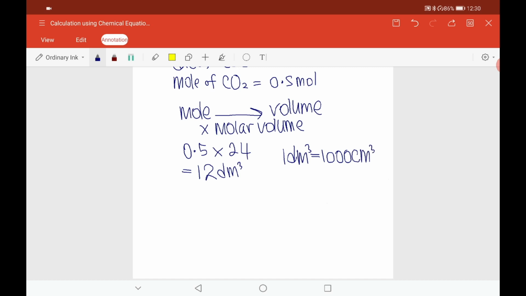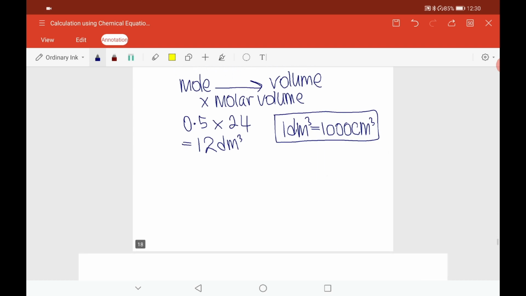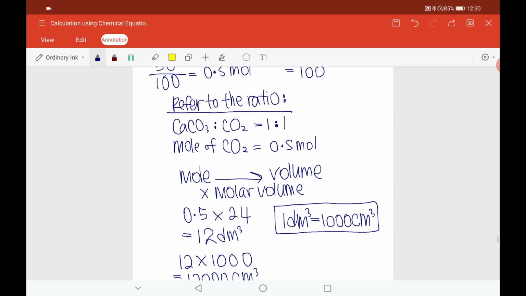We learned this in lesson number 2. To change dm cube to cm cube, we multiply by 1000. So 12 multiplied by 1000, you will get 12,000 cm cube. That is the final answer.